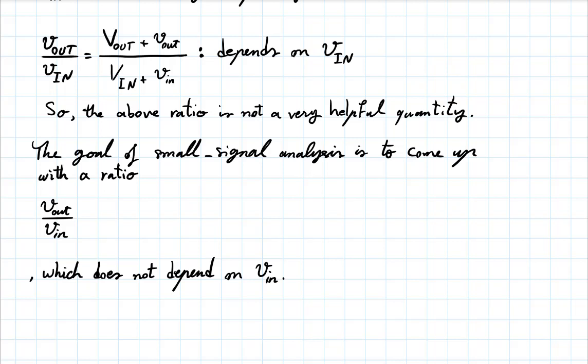This is called your small signal gain. And it's a very useful quantity, and you see it all over the place. And by the way, this is a small signal voltage gain, so it's a voltage over a voltage. You might also define a ratio of an output current to an input voltage. It doesn't have to be a ratio of 2 voltages. Okay?